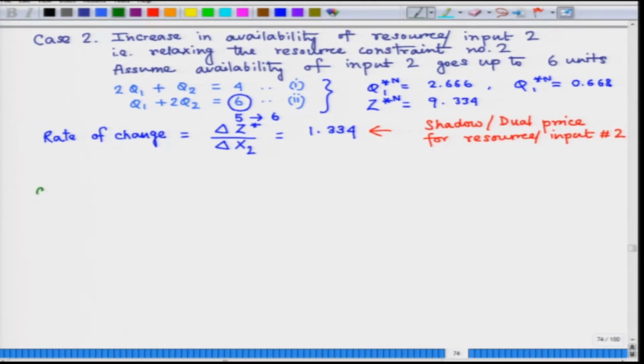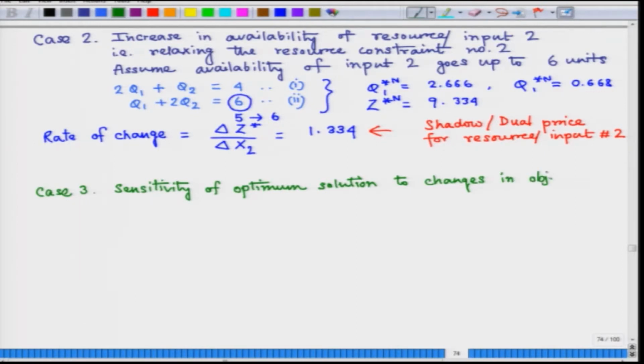Okay. So, let us now move on to case number 3 of sensitivity analysis, and here we are going to study the sensitivity of the optimum solution to a linear programming problem to changes in the objective function coefficient.